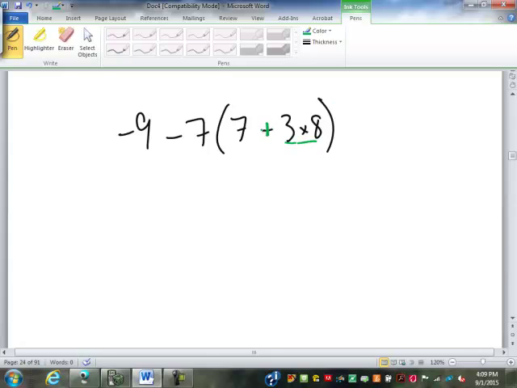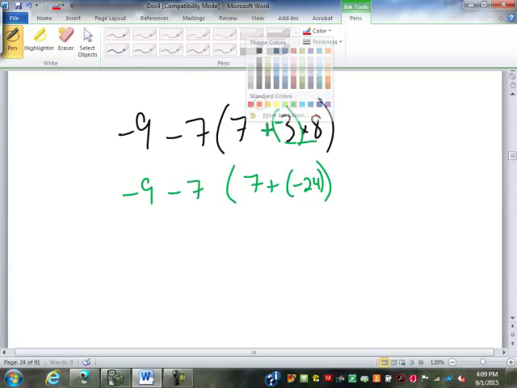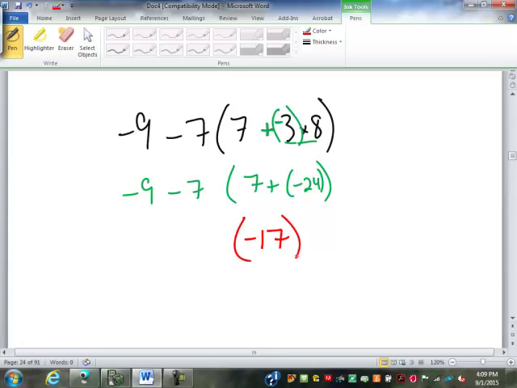If it's negative 3 times 8, we're going to make this plus a negative 3. So negative 3 times 8 would be negative 24. So now inside the parentheses, we still have to do 7 plus negative 24, which is negative 17.